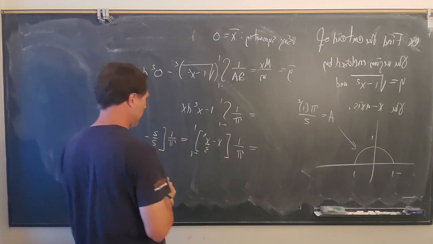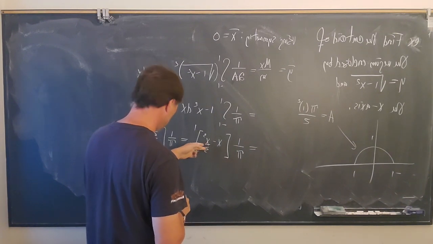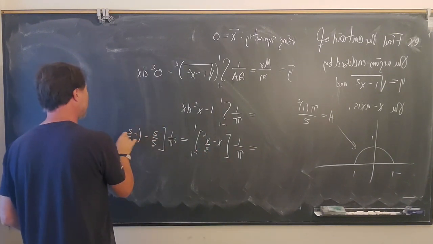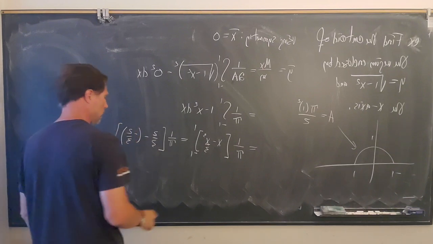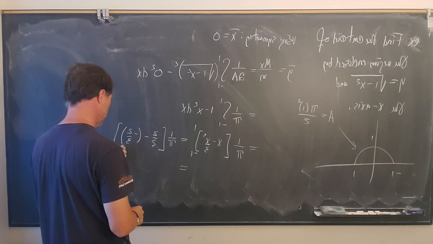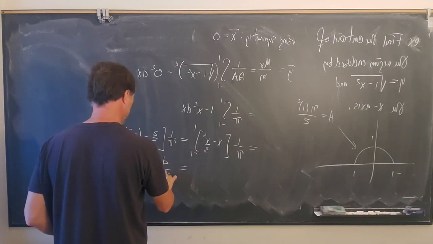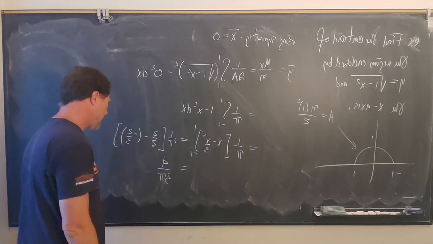And then we subtract away the result of plugging in the lower limit, and that's -1 plus 1/3, so it'll be minus a -2/3. So this is going to give us 4/3 over pi. So 4 over 3 pi.